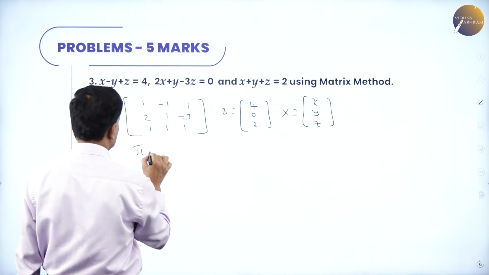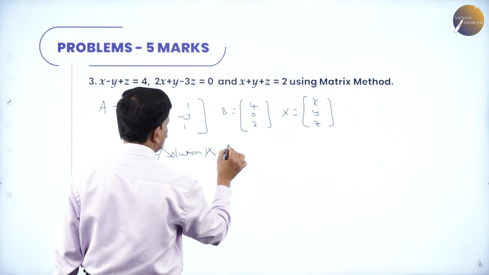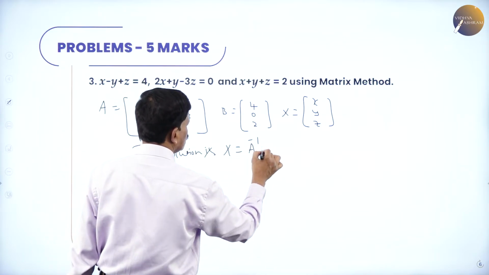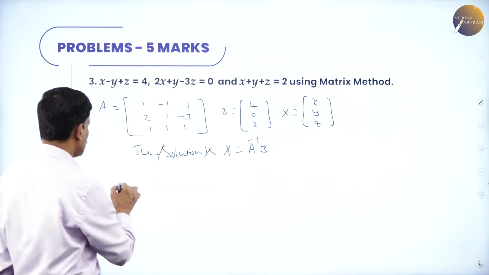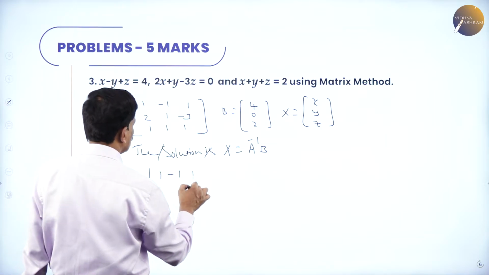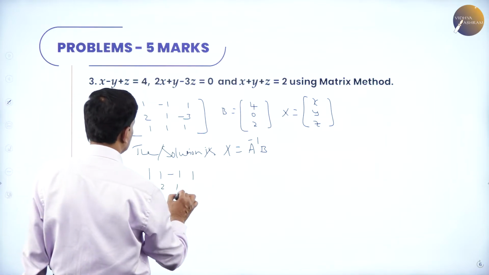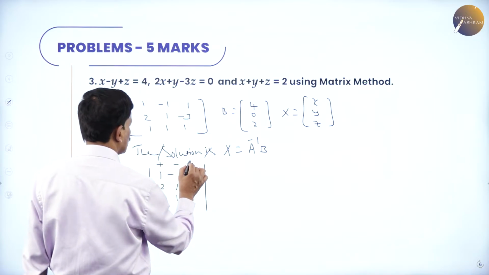The solution is X is equal to A inverse into B. Now first find out the inverse. For that, let us find out the determinant of A. Determinant of A is the matrix 1 minus 1 1, 2 1 minus 3, 1 1 1. Signs are plus, minus and plus.